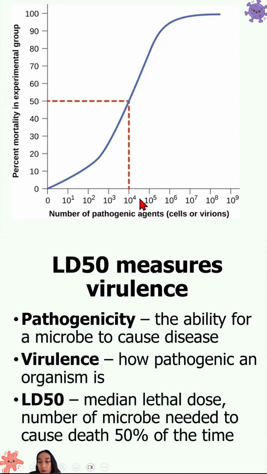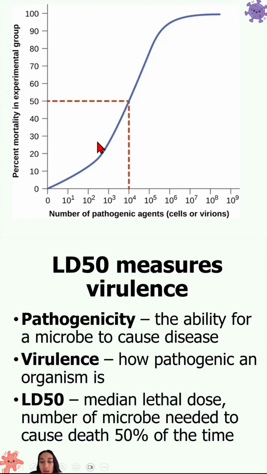So for example, if this is a specific microbe and they did a test and they exposed, again, let's just say they did it with mice. They exposed mice to very little amounts and very high amounts of the bacteria or virus. Of course, the mice will get sick. So all of the different mice will get sick.